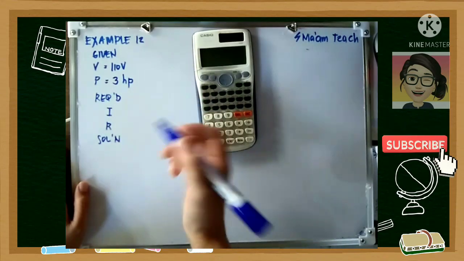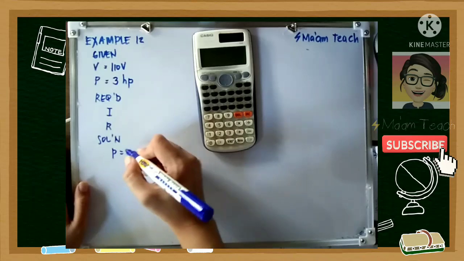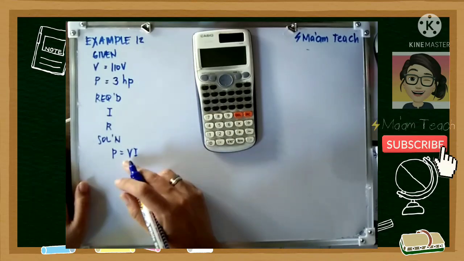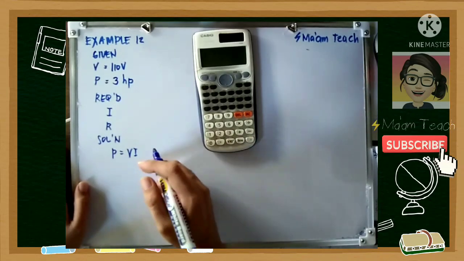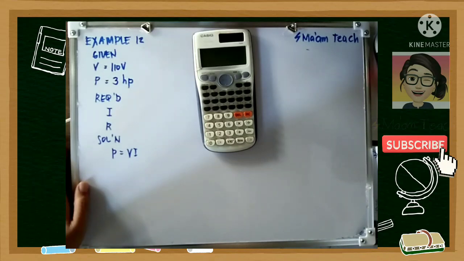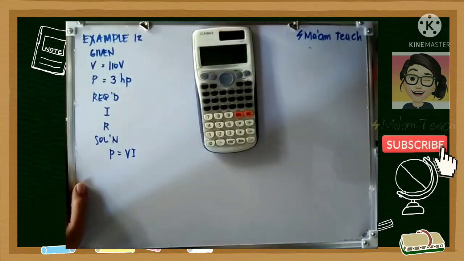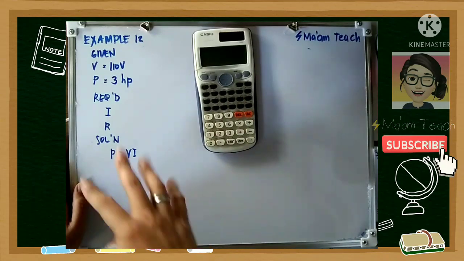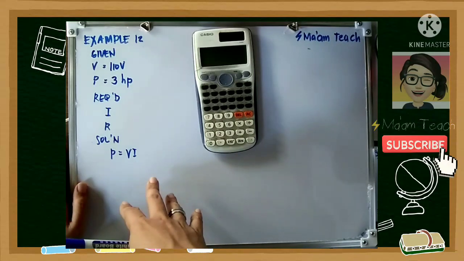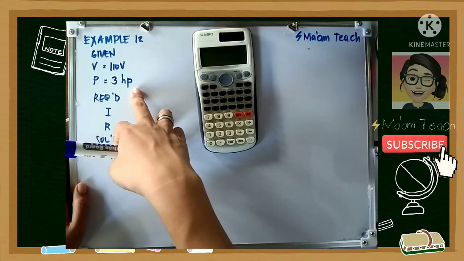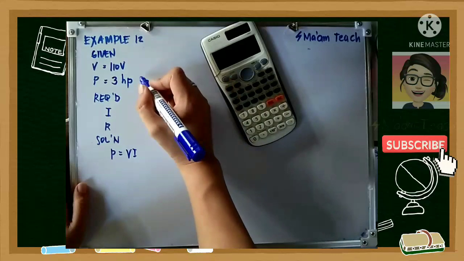So in our formula, power is equal to V times I, which is volt times ampere. Okay, so the unit is in watts. Therefore we have to convert first the HP into watts.